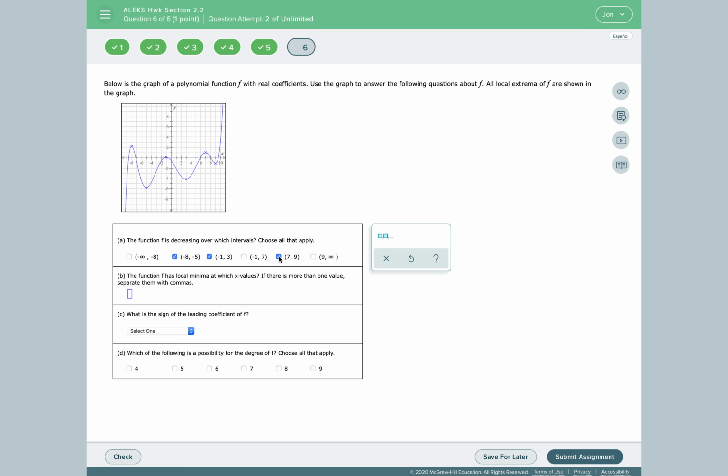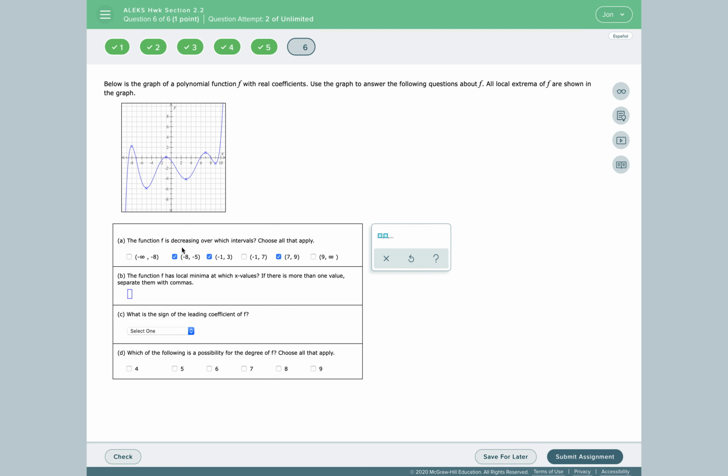Now, it says the function f has local minima at which x values. And what we mean by local minima, this is where we're going to have the dips. Now, if I were to look at the local maximum, like each maximum point, you're looking at the peaks.